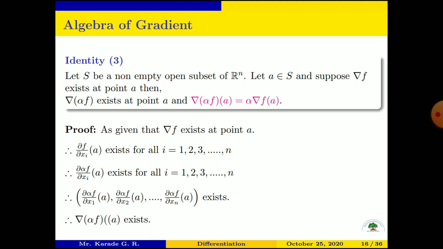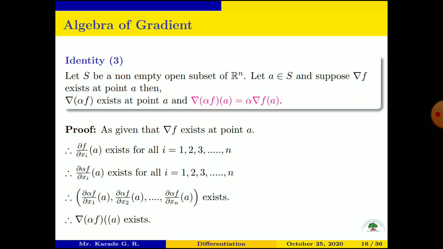So as the partial derivative of f with respect to xi exists, its scalar multiple function alpha f also has a partial derivative with respect to xi for all i equal to 1 to n.